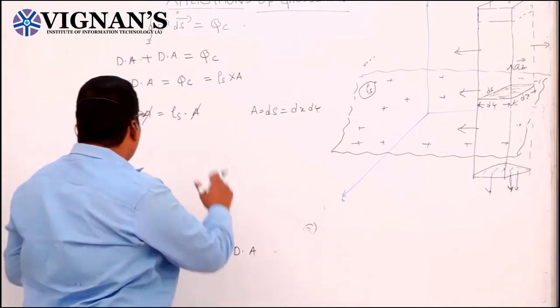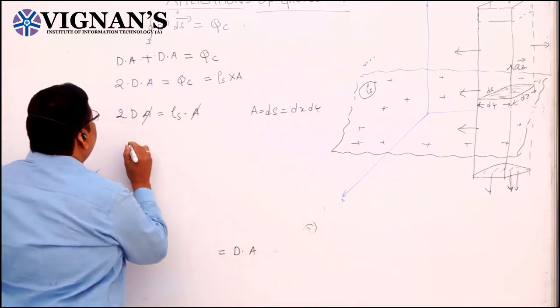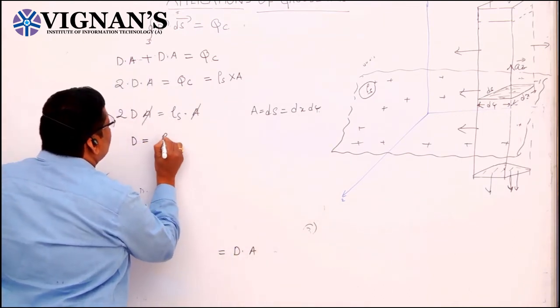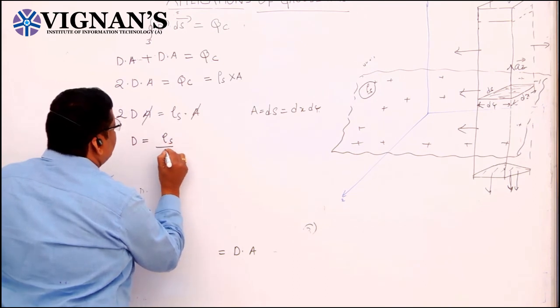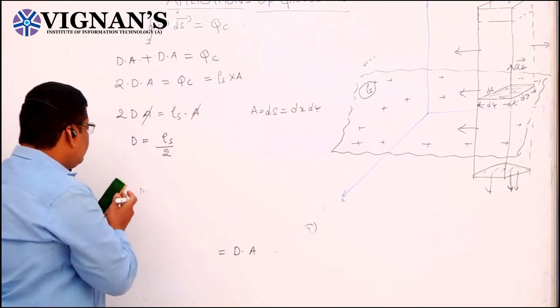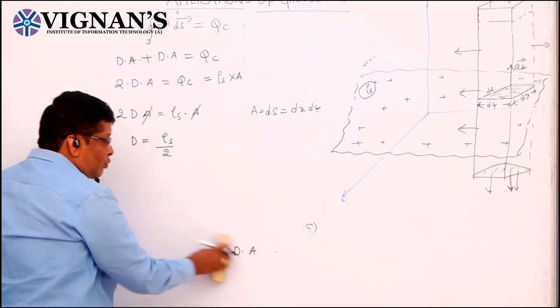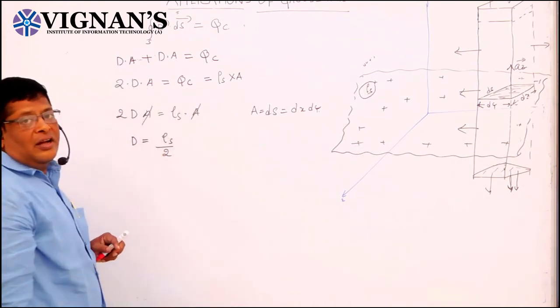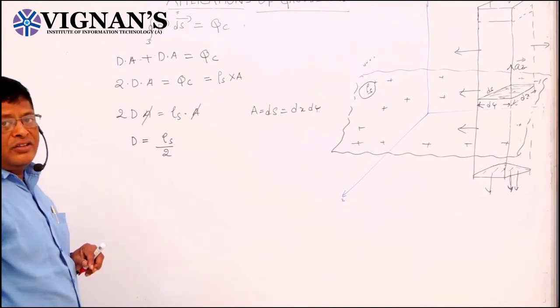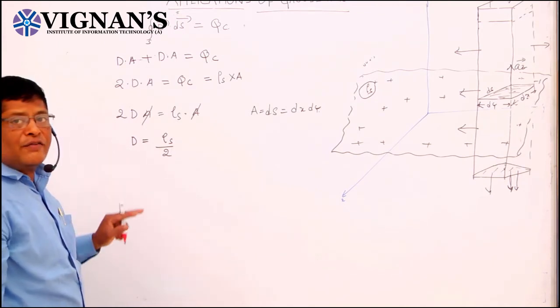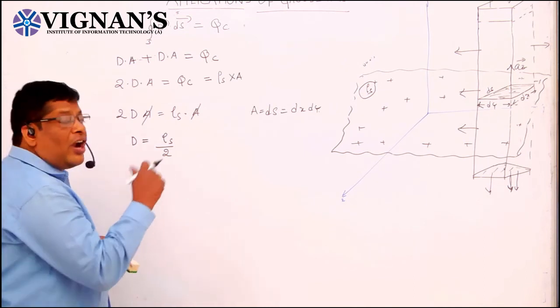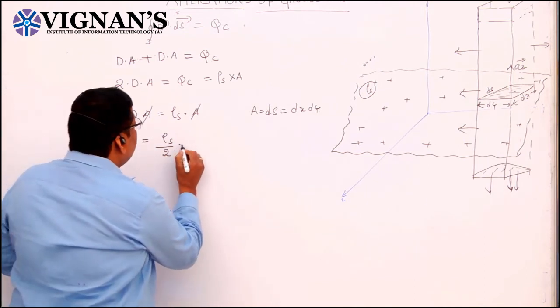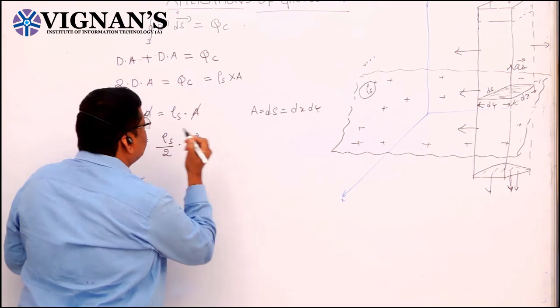Now come to this equation. Here, D equals rho s by 2. This is the flux density due to the infinite sheet which is placed on the xy plane. Now what is the direction of this flux density? We have to add the direction into Az bar.